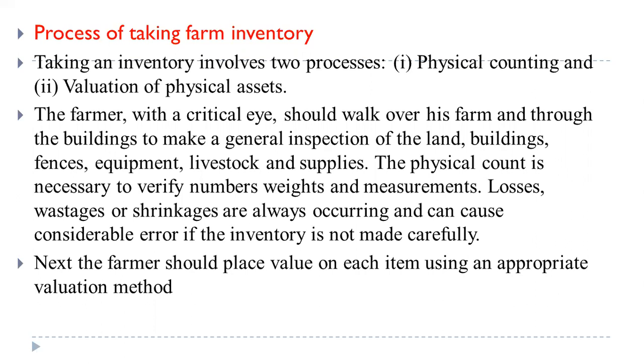The physical count is necessary to verify numbers, weights, and measurements. Loss, wastage, or shrinkages are always occurring and can cause considerable error if the inventory is not made carefully. So inventory is very important.